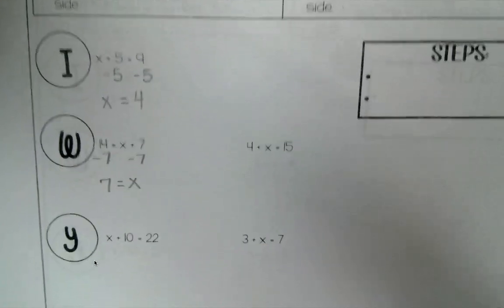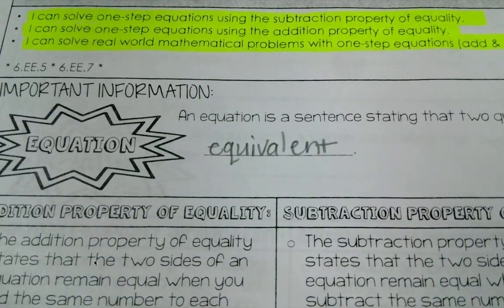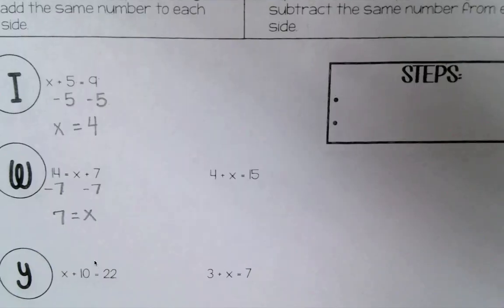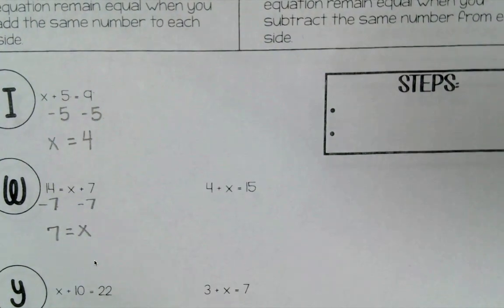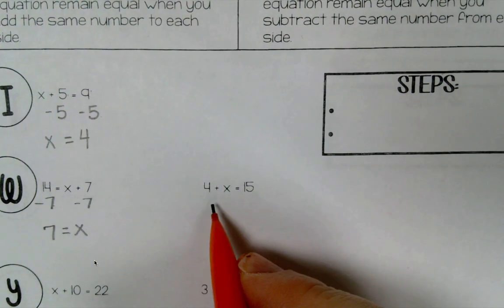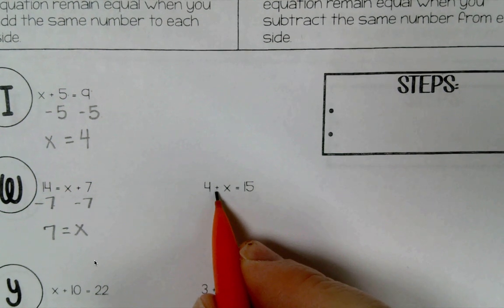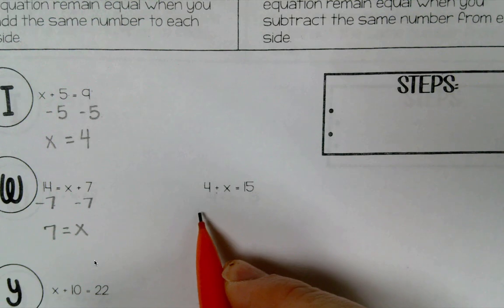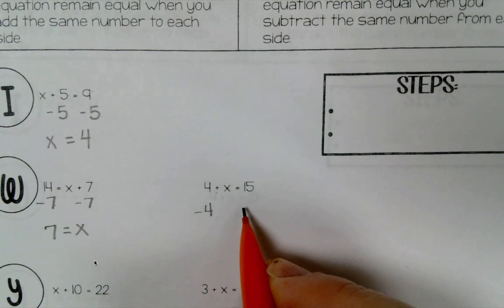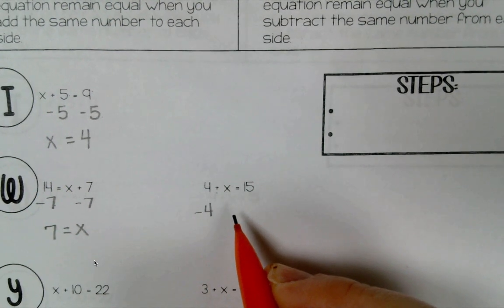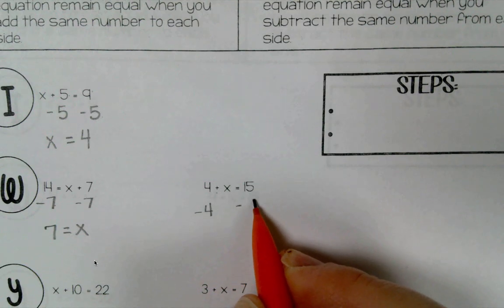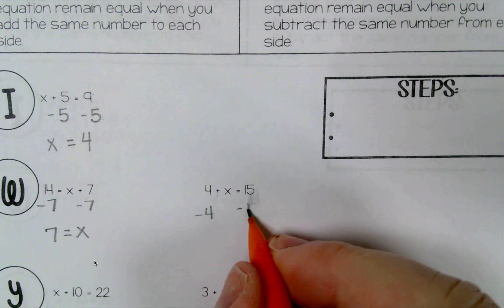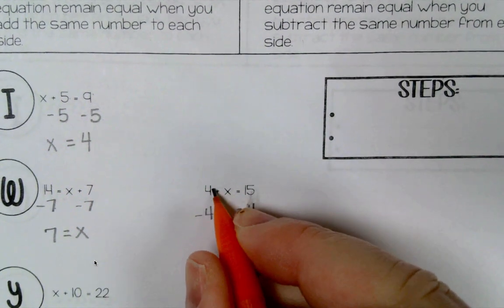Then I have 4 plus x equals 15. Something's up with my camera, and I'm so sorry if you're getting dizzy. The inverse operation of addition, again, is subtraction, and I'm going to subtract 4, my constant, because you want to isolate your variable to figure out what it actually equals. 4 minus 4 is 0.